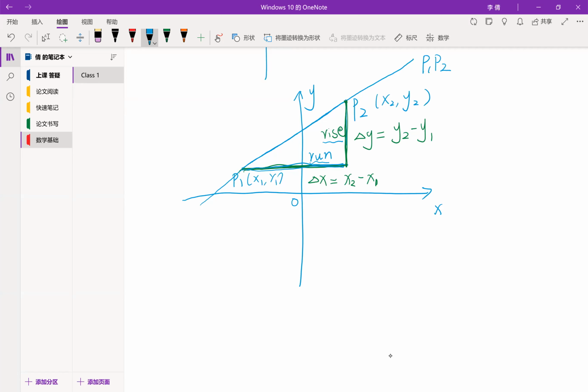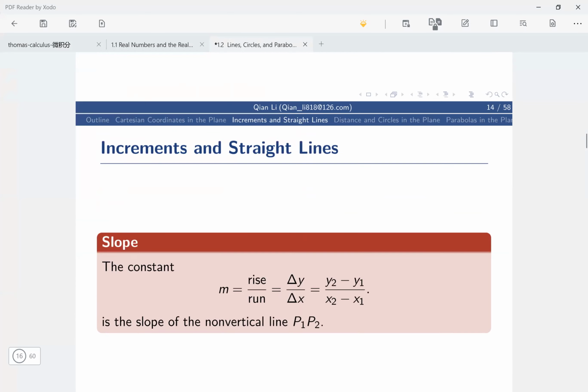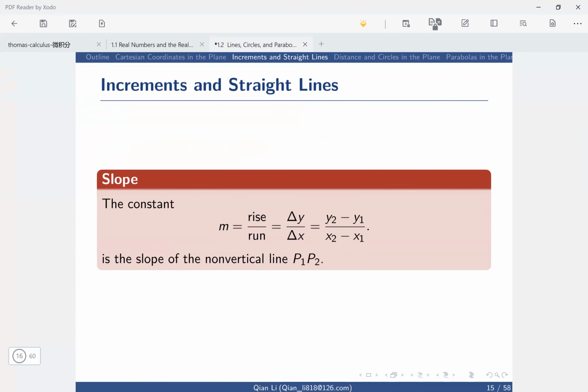Then we define the constant m, which is the rise over the run.